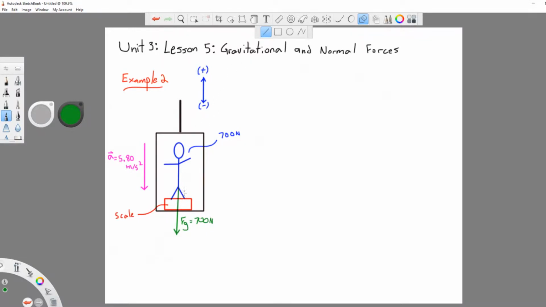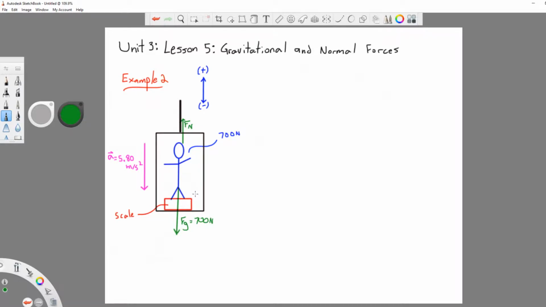Now, upwards, the ground is Newton's third law, pushing up on them just as hard as they are pushing down on the ground, assuming this thing isn't moving yet, but we'll get to that very shortly. Okay, so upward on this person, we're going to have the normal force of the floor on the person.